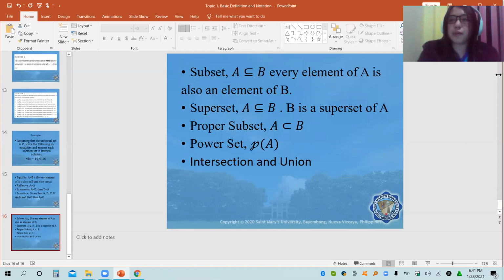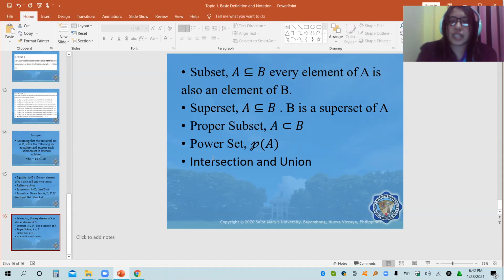Okay, so other terminologies that we need to consider in our discussions are the following. We have the subset, and this is the notation for subset. It means that every element of A is also an element of B. Superset means that B is a superset of A. We also have the proper subset; if you notice, we just remove the bar below.